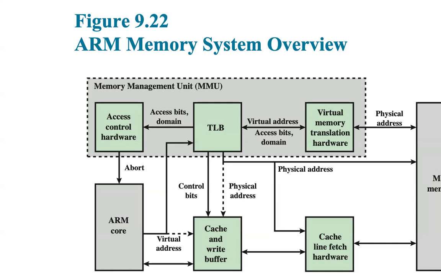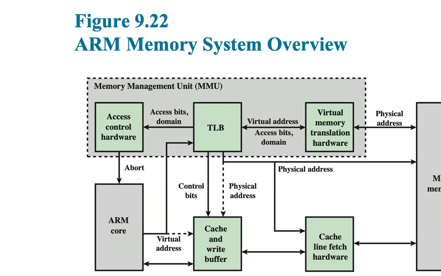ARM provides a versatile virtual memory management system architecture that can be tailored to the needs of the embedded system designer. So ARM is typically more focused towards embedded processing. x86 is more for desktop applications, although it's kind of blurred over time.